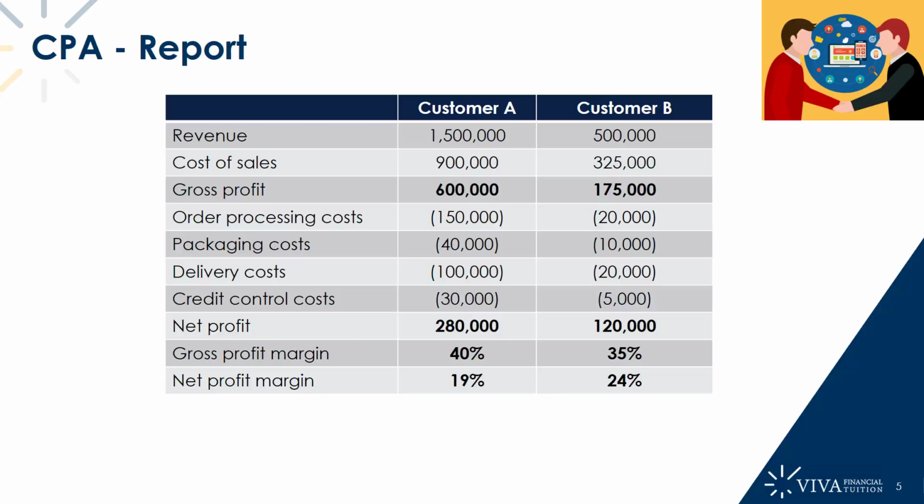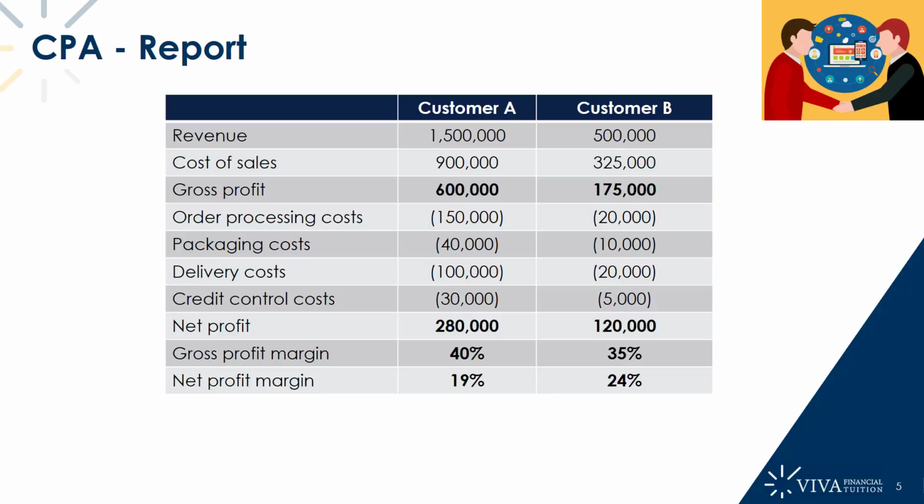And as we'd often expect in this case, due to various factors, we make better gross profit margins on customer A, 40%, and slightly worse gross profit margins on customer B, which is 35%. And just as a reminder, if you're working out a gross profit margin, it'd be your gross profit divided by revenue times by 100.